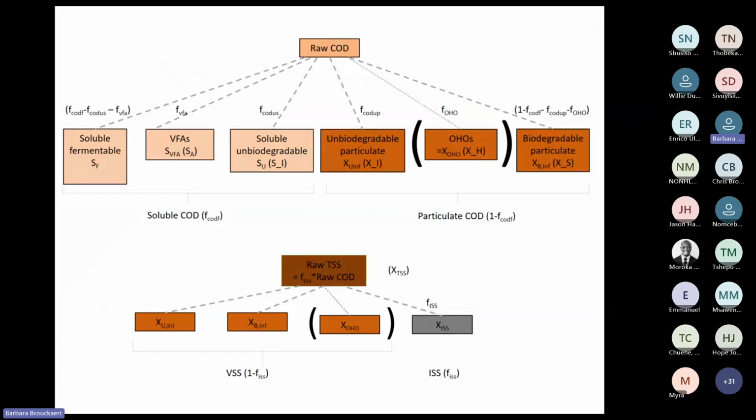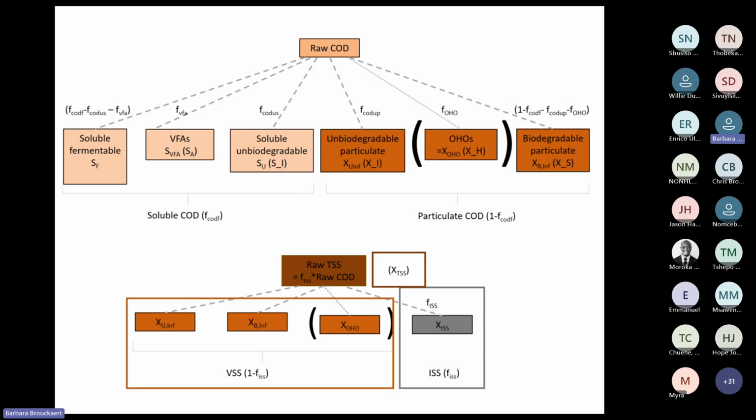So we've already gone through the concept of fractionation. At minimum, we need to fractionate the wastewater into soluble biodegradable, soluble unbiodegradable, biodegradable particulate, and unbiodegradable particulate. Most models have a component for either total suspended solids or inorganic suspended solids, and the volatile suspended solids will be the rest of the particulate fraction.